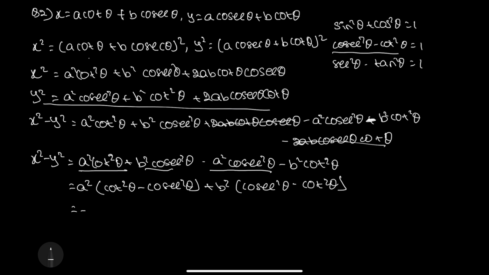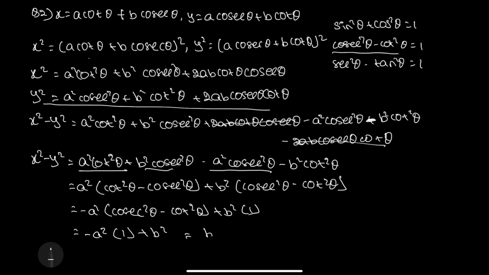Inverse means if you want, you can take out the minus sign as common. We'll get it as cosecant square theta minus cot square plus b square times of, here I can replace this with 1, and here also we'll get it as a square of, this is 1 again, b square of 1 is b square, which can be written as b square minus a square. Therefore, x square minus y square is equals to b square minus a square.